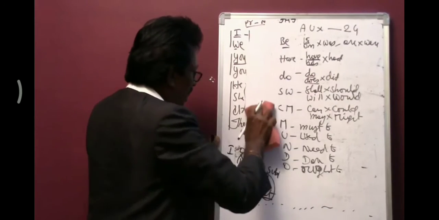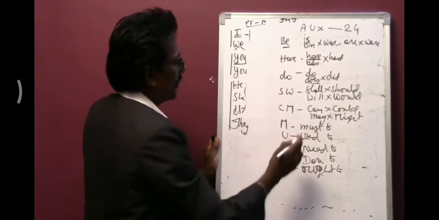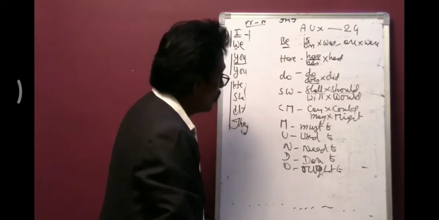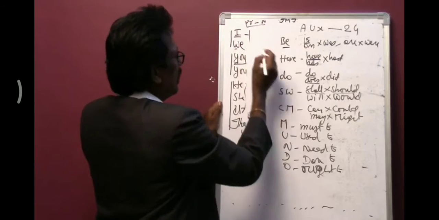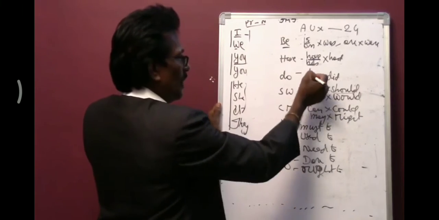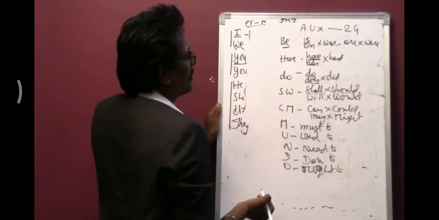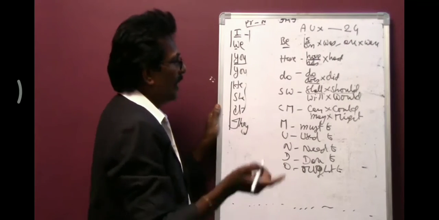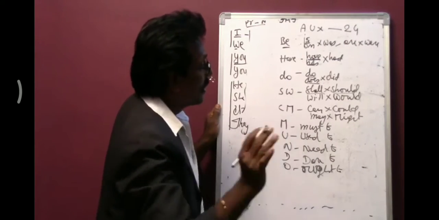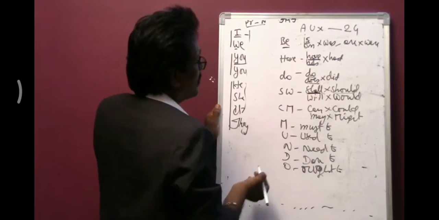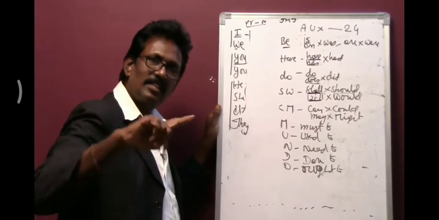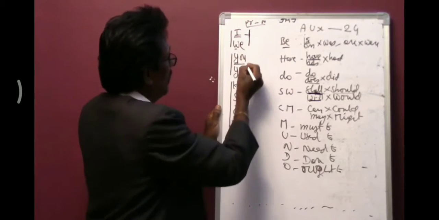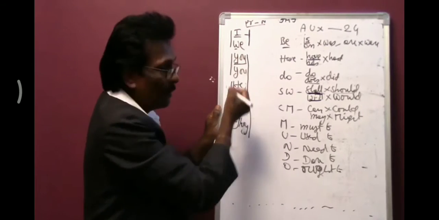Next, shall and will. Where to use shall and where to use will? Both have the same sense, just like do and does, have and has, is and are have the same sense, but differ only in singular and plural. Here it is not singular and plural. Shall and will both indicate the future, but shall stands for the first person singular and plural, and will stands for the remaining persons.